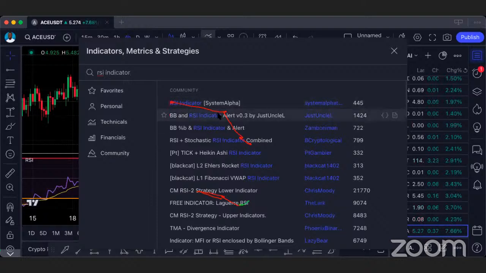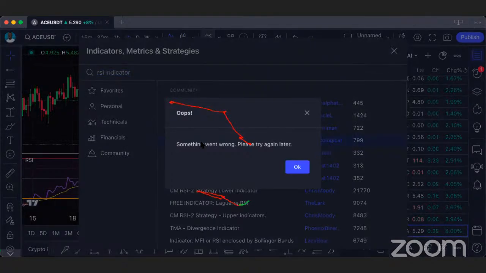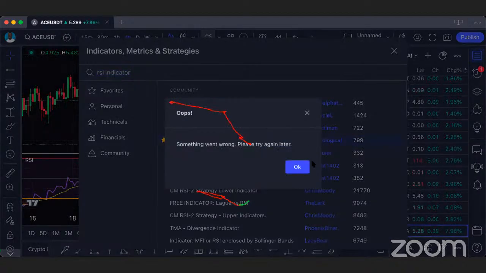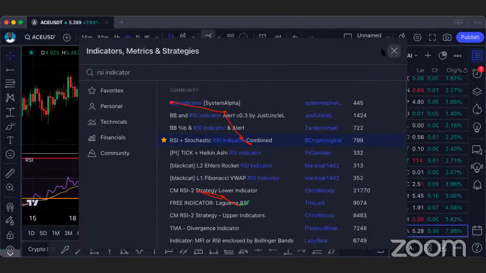Now this is system alpha. I don't understand that. So that's why now this one is RSI and stochastic RSI combined. Let me see how this looks. Something went wrong. Try again later. Okay, I don't know what went wrong, but I think two of them cannot be at the same time.